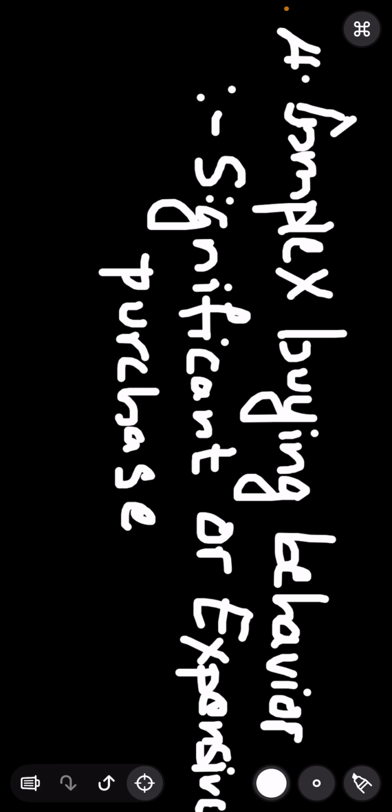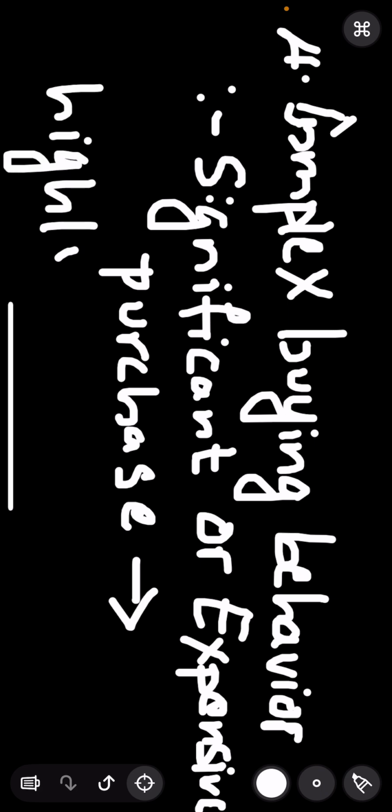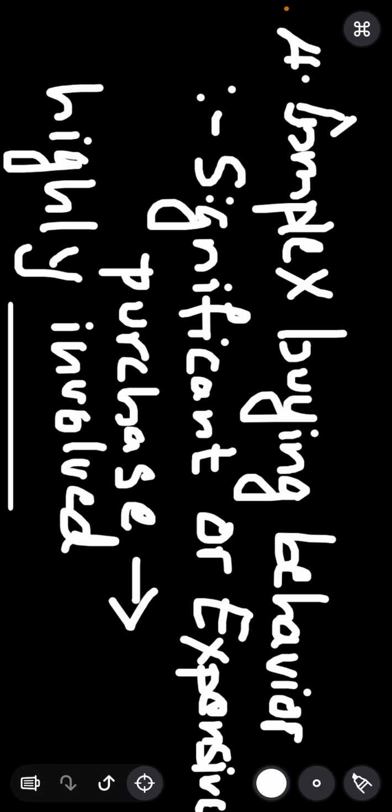You're highly involved in the buying or decision-making process. So the consumer is highly involved in the decision-making process.